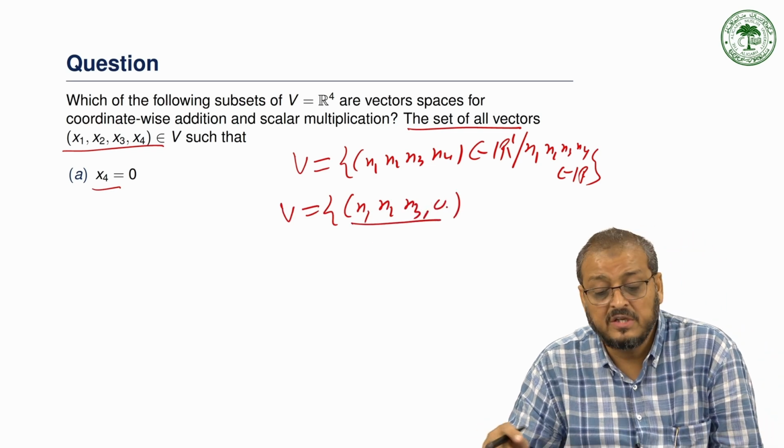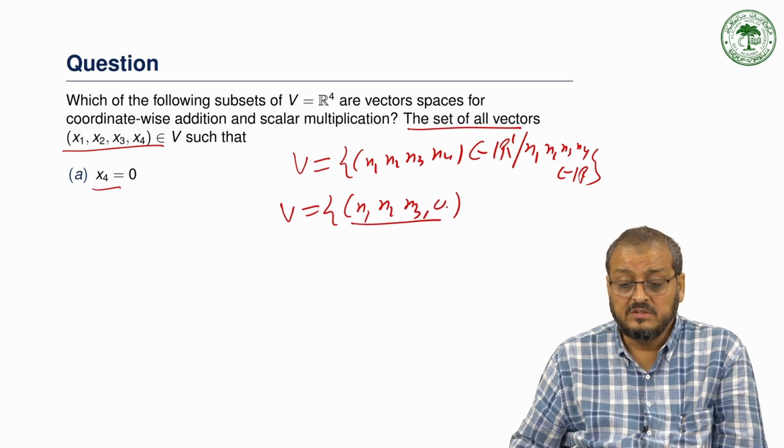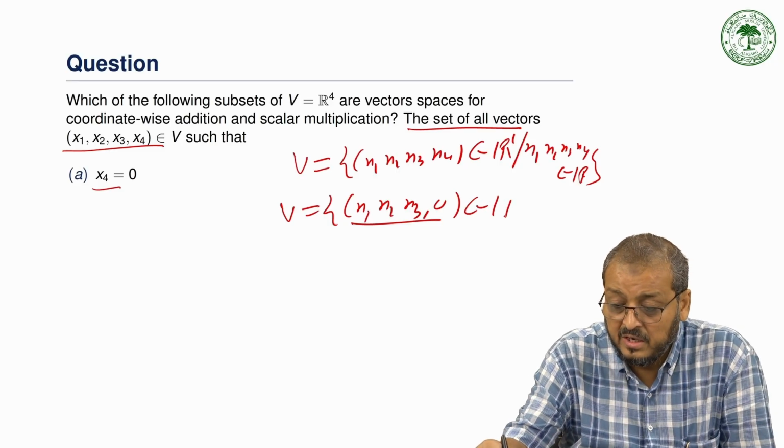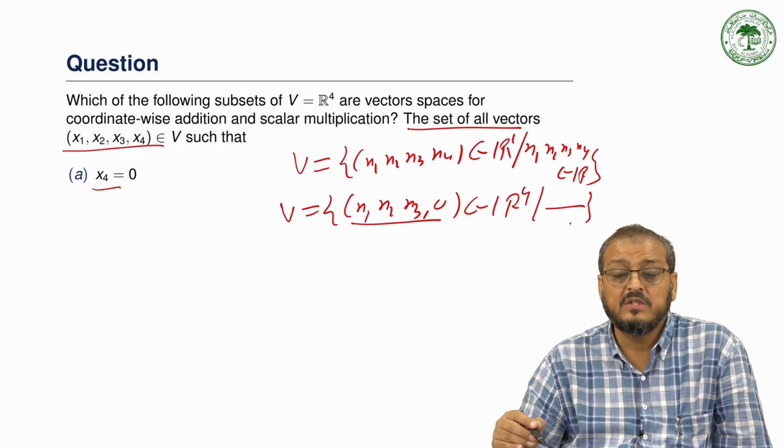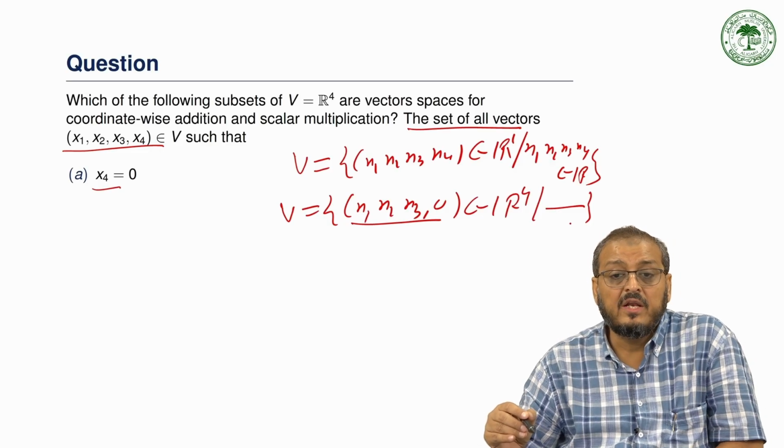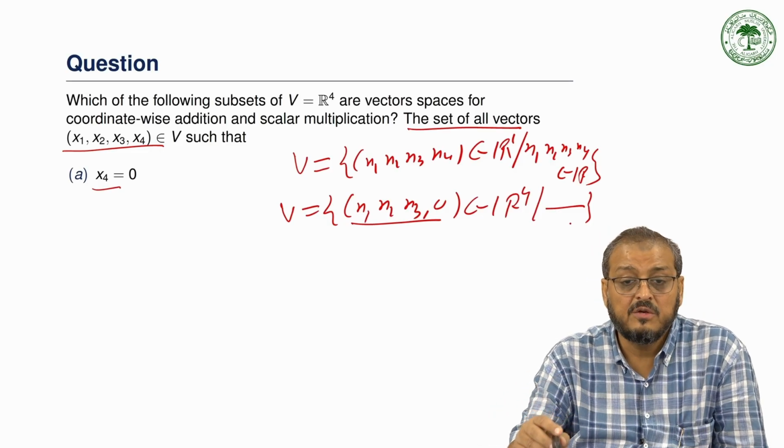So x4 is fixed to 0. This is again a subset of R4, and we check whether it satisfies all these conditions. In this case we fix the fourth element equal to 0.